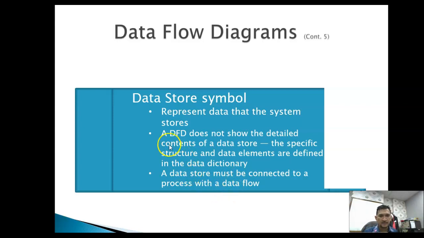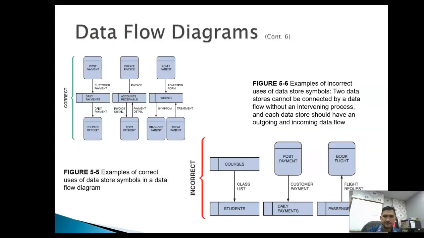So if you want to use this data storage symbol, it must have a data flow from a process. For example, this is the data storage: post payment to daily payment. This is storage, and this is access.